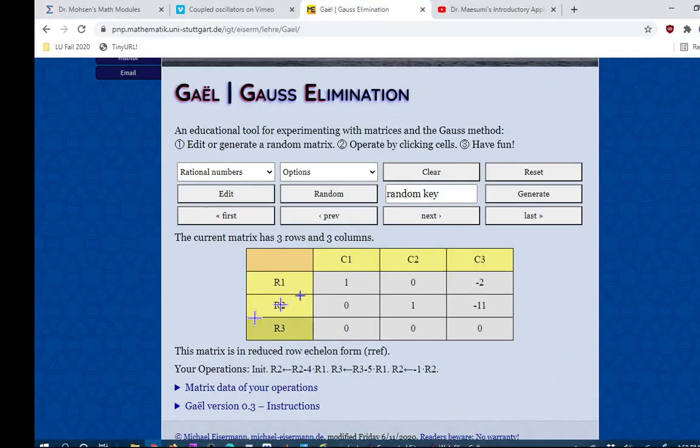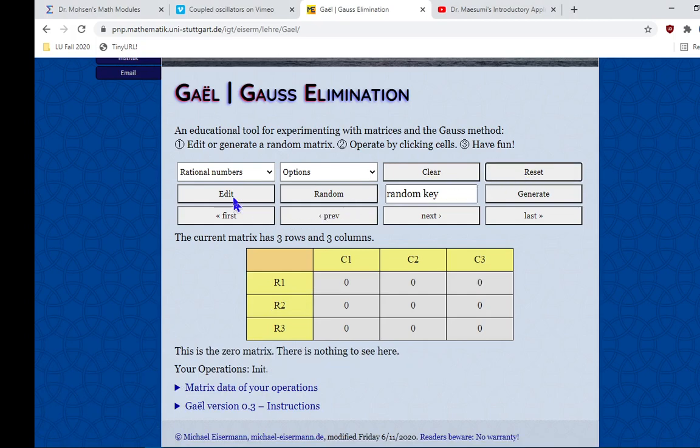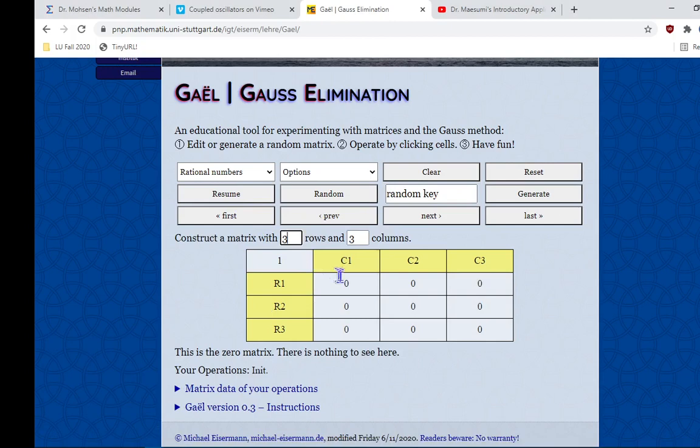Let's go do this thing again. So reset. We're starting a new problem. Edit. 2, 0, minus 2, 4, 0, 3, 5, 0, minus 9.